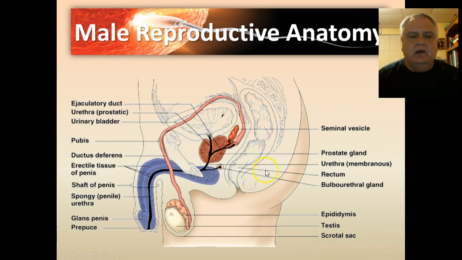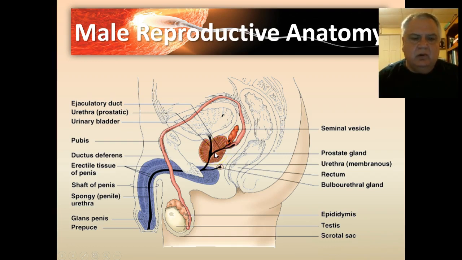Okay, so here's our diagram of the male reproductive anatomy. We can see the testicle here, or the testis, the epididymis, and we can follow the vas deferens up, as it enters the body wall, over the pubis, over the bladder, and then comes around here and will form the ejaculatory duct.